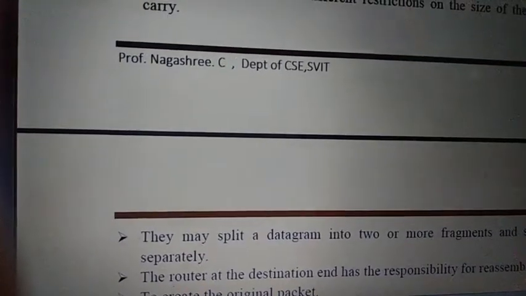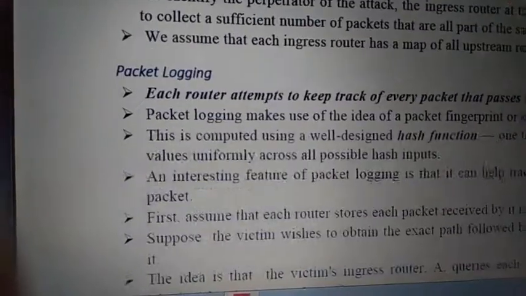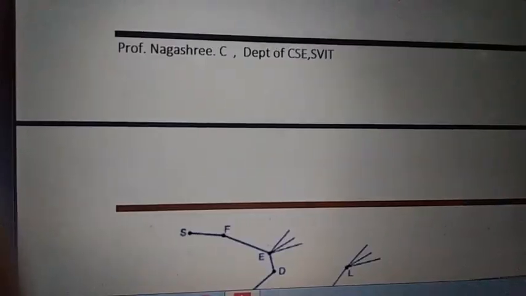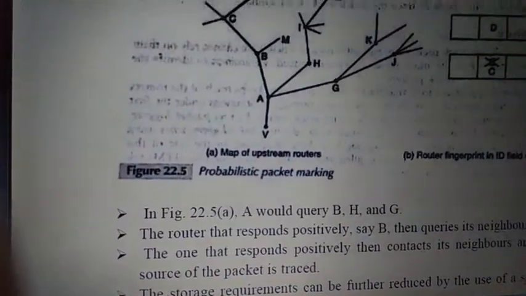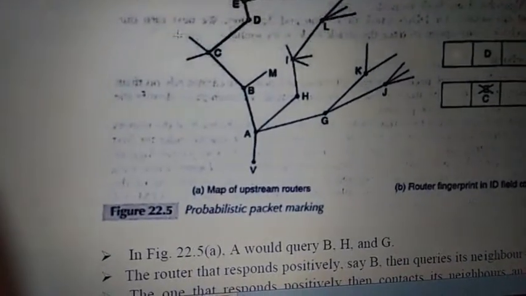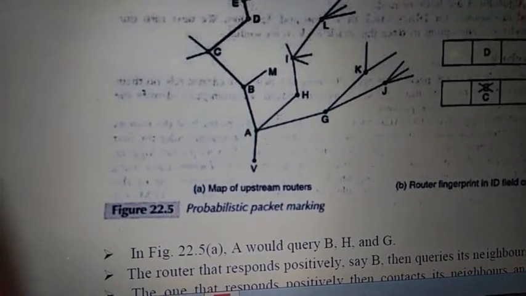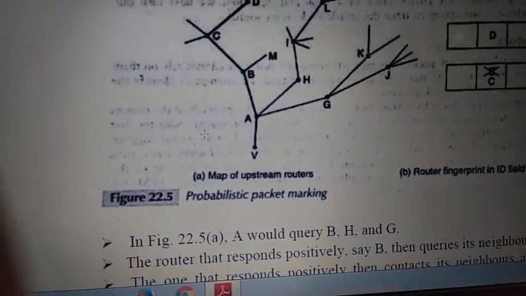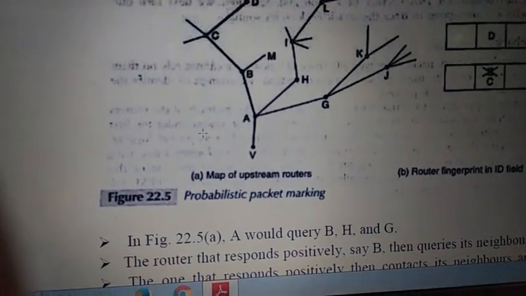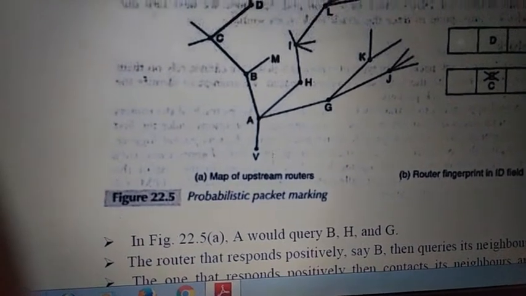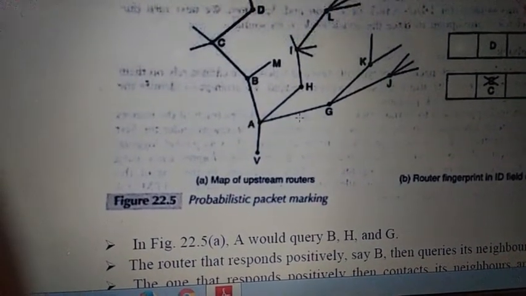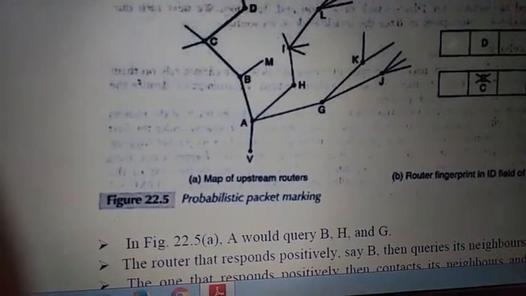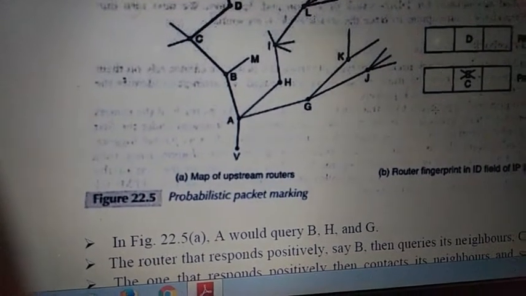See here, that is how we keep track with probabilistic packet marking. If a packet travels from V to A, it is going upstream. From A to B, each router keeps marking which router the packet has passed through.